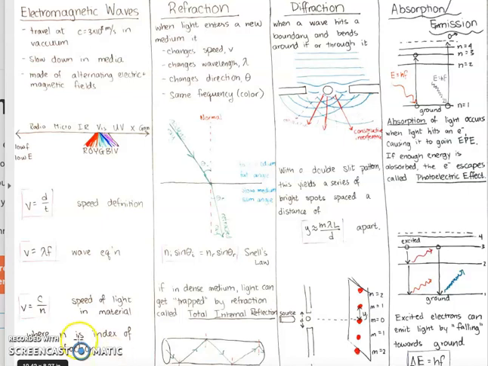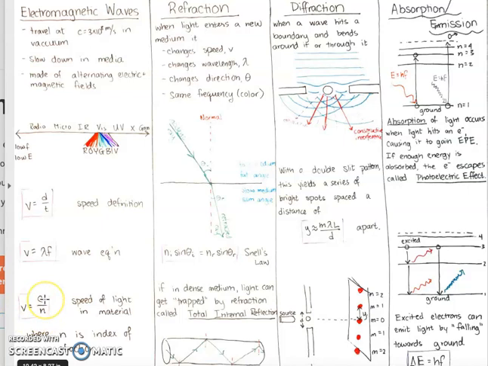In that, I talk about how index of refraction is a number between 1 and about 2.5 that's unique to the material. So for instance, water's index of refraction is 1.33. And the higher this number is, the higher n is, the lower the speed of light in the material is. So something with a high index, like a diamond, would have a low speed of light.